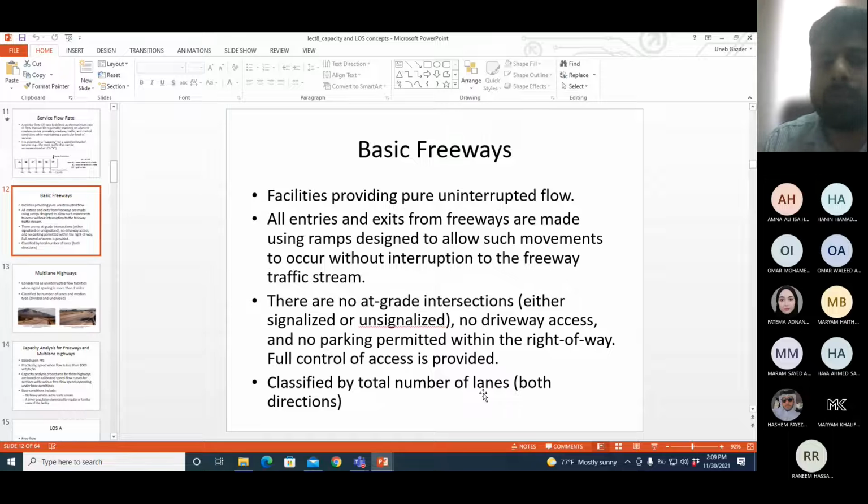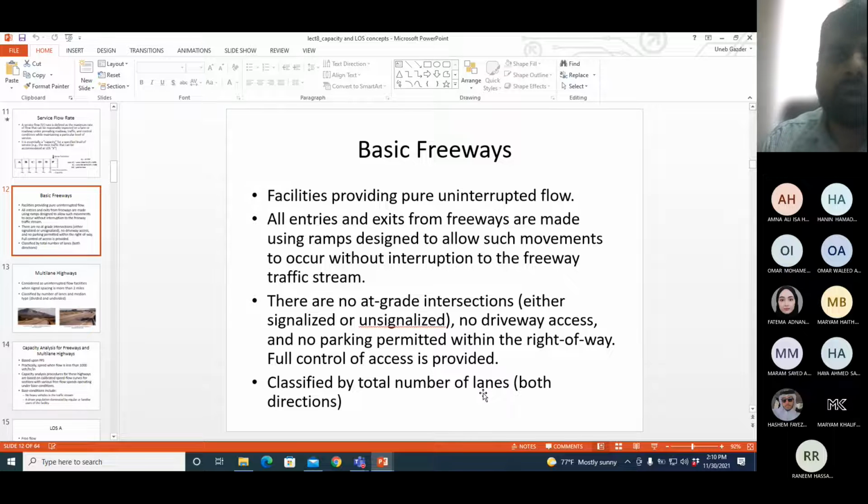Another important point is that freeways always have medians. It's not written here, but when I define multi-lane highways, you will get this point as well. But you can note it down that freeways have to have medians. And freeways have 4 lanes or more.